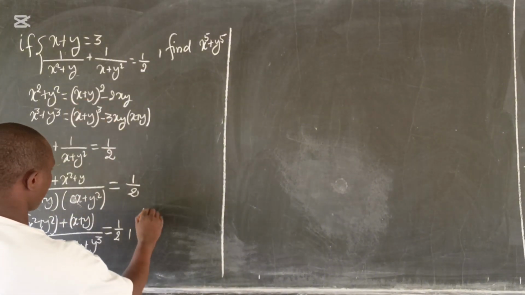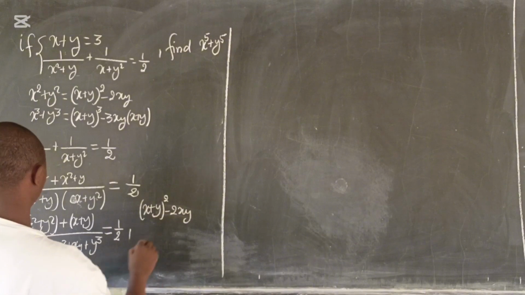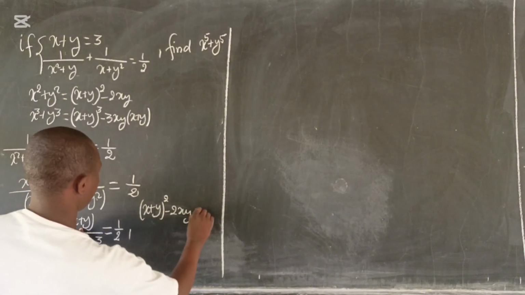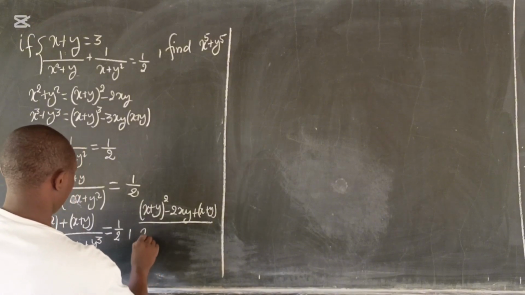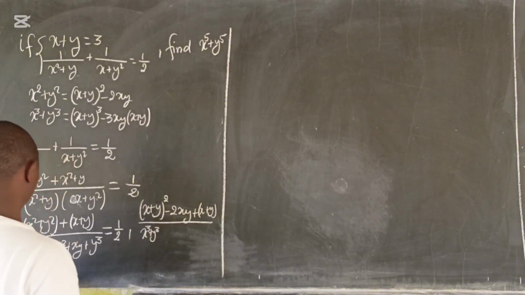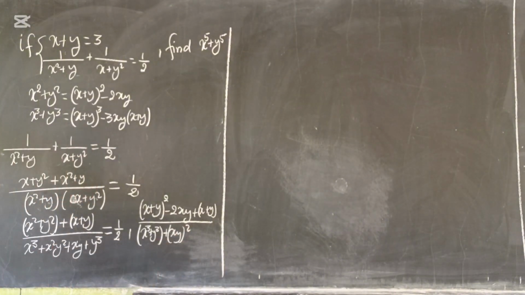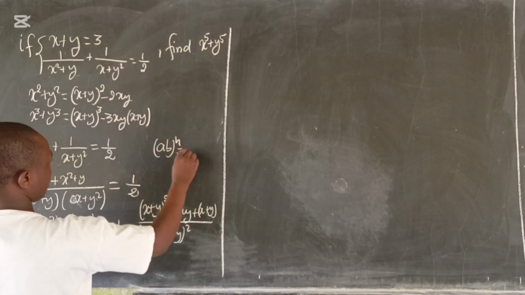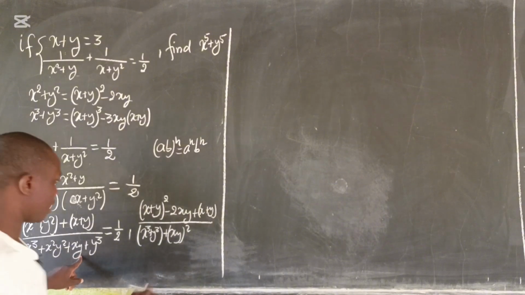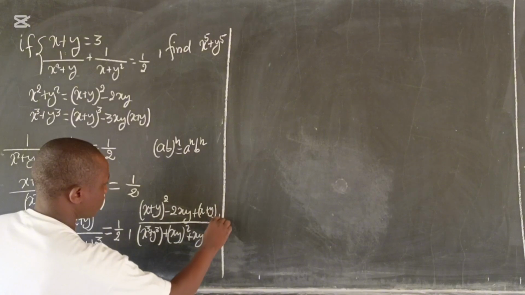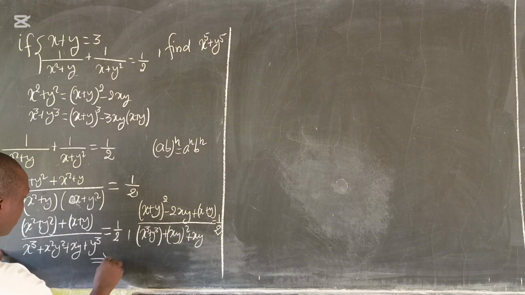You have x plus y power 2 minus 2xy plus x plus y over x power 3 plus y power 3 plus xy power 2, because from the fact that ab power n is equal to a raised to n times b raised to n, then let's add xy, and this is a half. Hope everything here is clear.